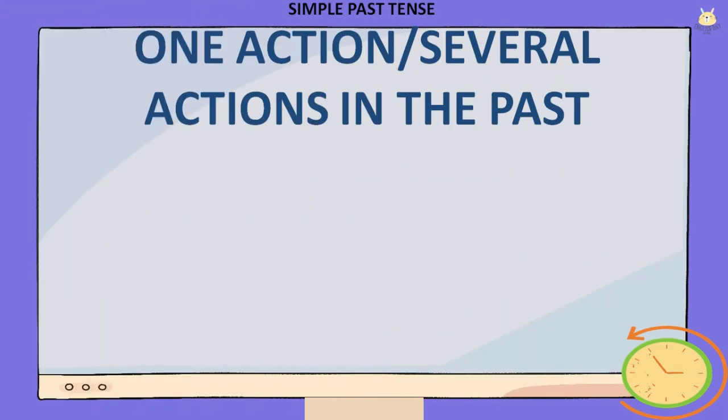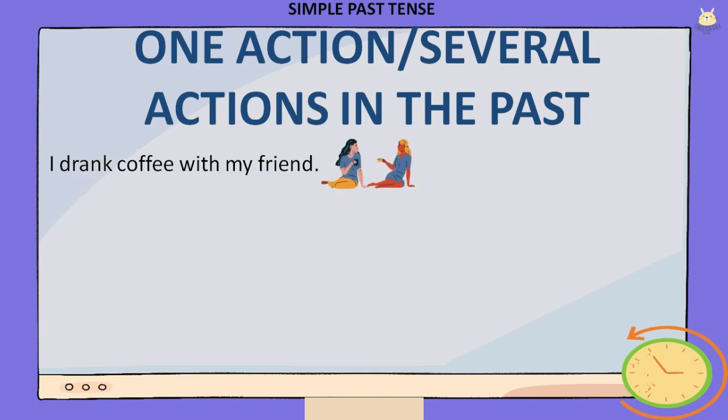And now we can also use the simple past tense to talk about one action or several actions in the past. Let's have an example of a sentence with one action only. I drank coffee with my friend. So that's the only action the subject did.